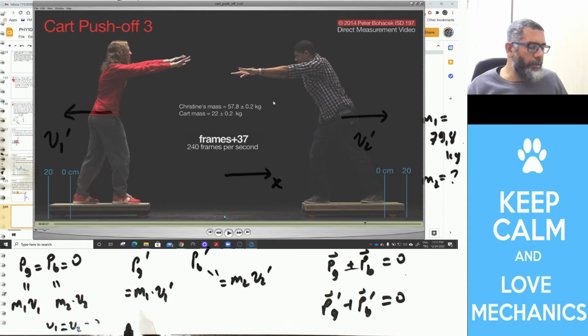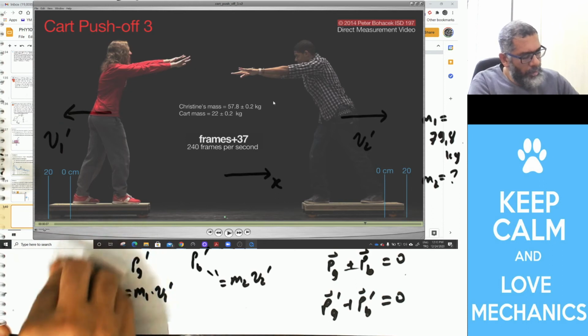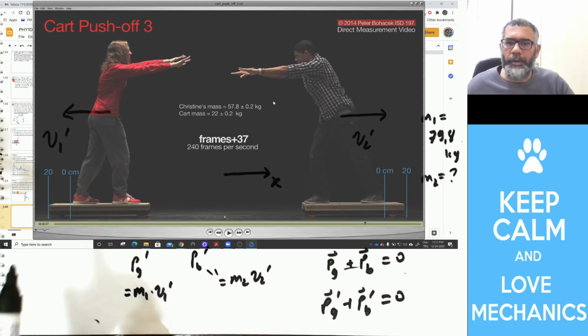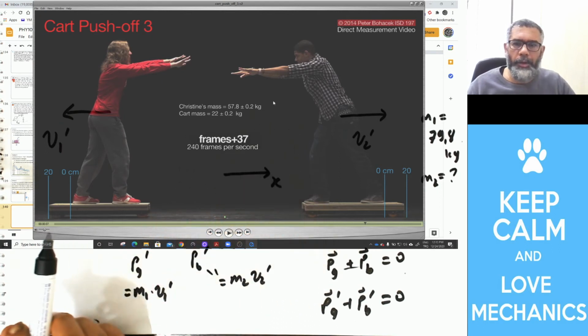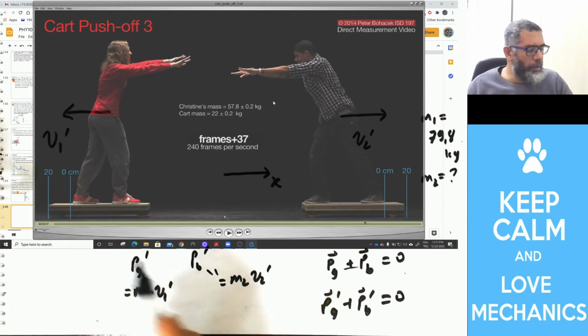So how can you find v1 prime first of all? Well, as I said, the girl, after detaching herself from the boy, takes this 20 centimeters in 37 frames.